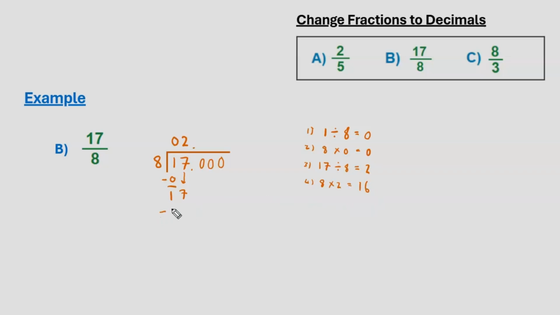So if we subtract 16 below from the 17, we're left with 1. As the result is 1, a non-zero, that means there's more division to be done. So we can bring down the first 0 that we've put on the right of the decimal point, alongside the 1, which gives us 10.